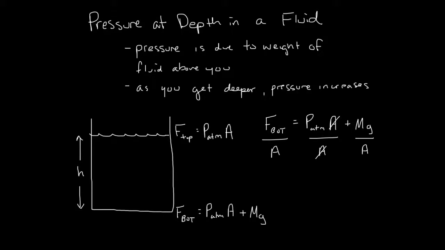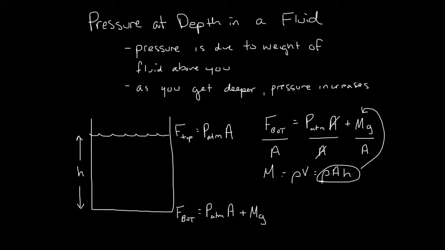But then also the total mass of my fluid is going to be equal to the density of the fluid times its volume, which would also be the density of the fluid times the cross-sectional area of the container times the height of the fluid in the container. So if I take this and plug that in for that mass, then I'm going to see the A's are going to cancel out again.